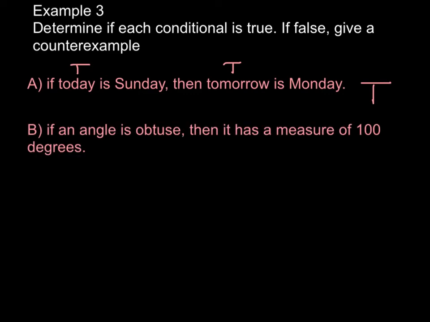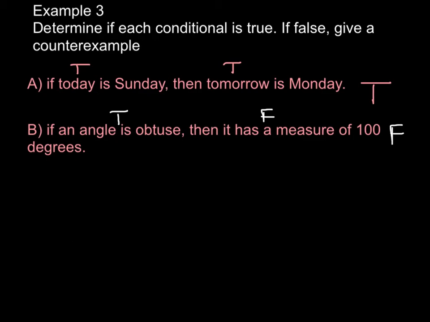Our next one: if an angle is obtuse, then it has a measure of 100 degrees. You can draw an obtuse angle, but is it going to be 100 degrees? No. So this could be true, and this is false, though. It doesn't mean it has to measure 100 degrees. Since this one is false, we have to give a counterexample.